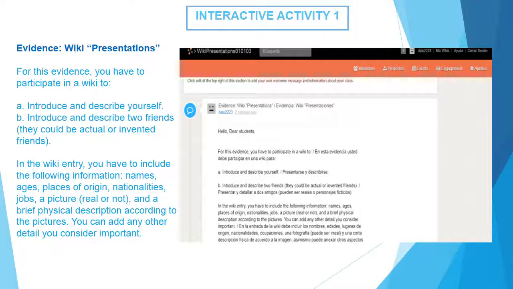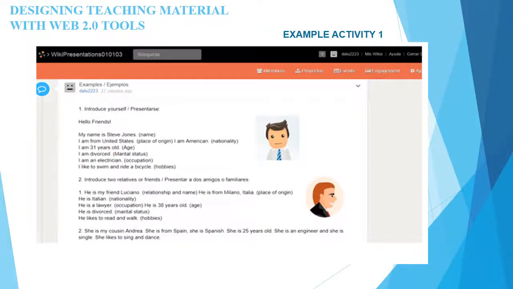As you can see here in the picture, I created the presentation so the students can go there and make their own register. They can add their participation.